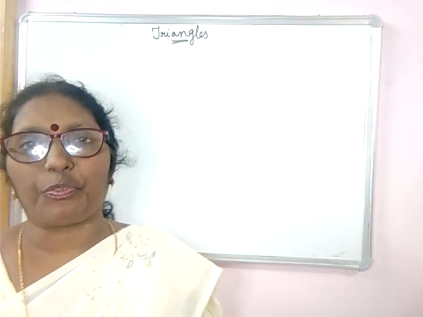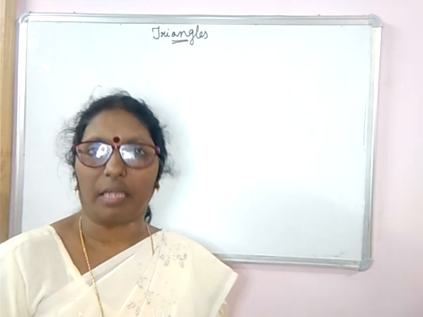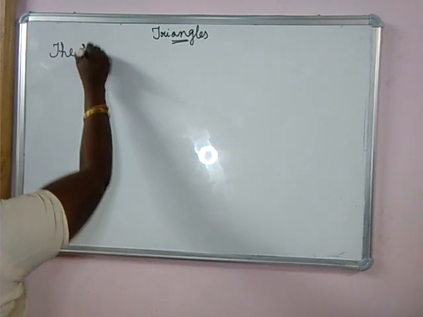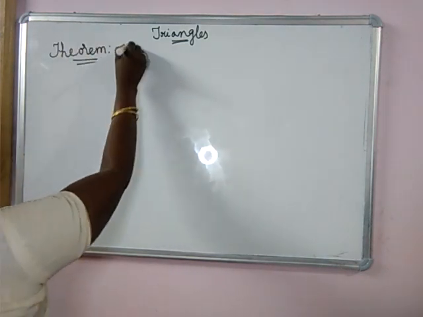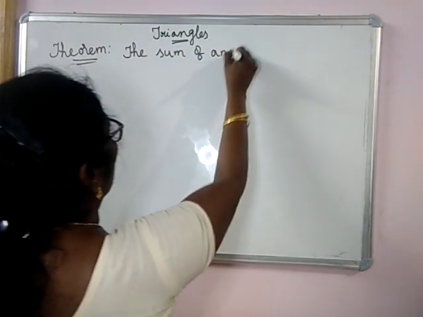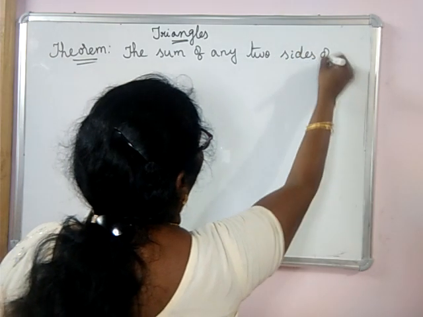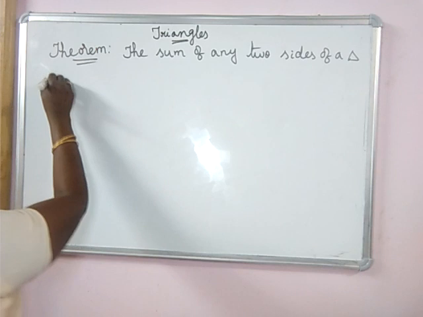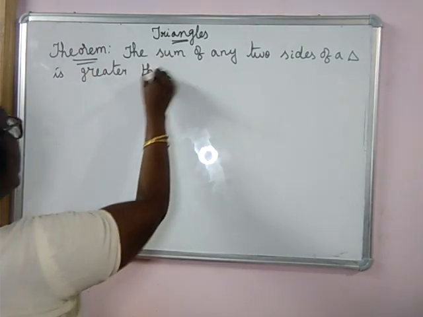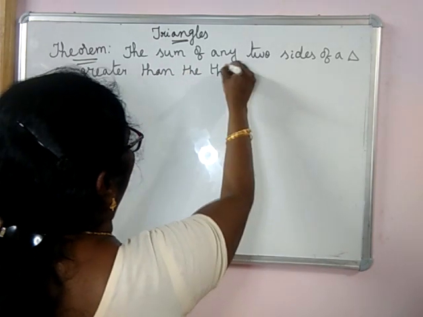Your first theorem is: the sum of any two sides of a triangle is greater than the third side. Any two sides.